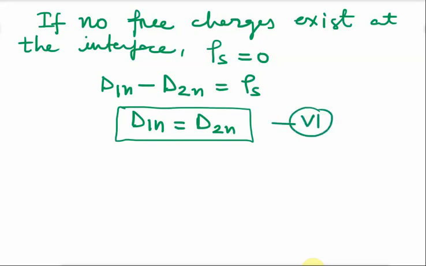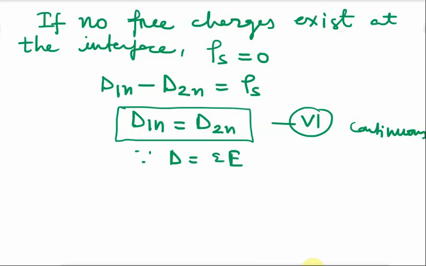The boundary conditions for the tangential components D1t and E1t we have already derived. This is the normal component, D1n and D2n, so both are equal. We can say the normal component is continuous at the boundary. Now since D equals epsilon E, we can derive the condition for the normal component of E also.